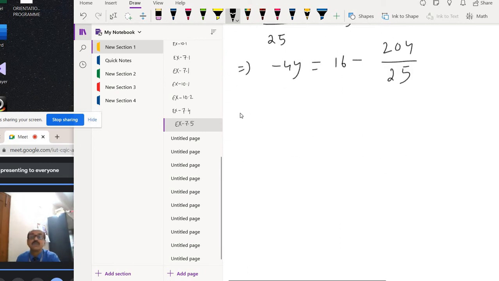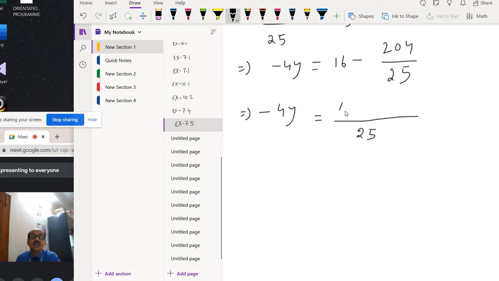So minus 4y equal to, 25 is the LCM, 16 into 25 is 400, so 400 minus 204. So minus 4y equal to 400 minus 204, that is 196 by 25.